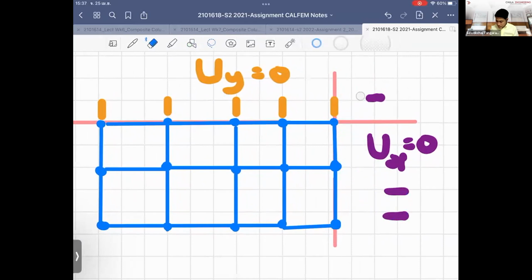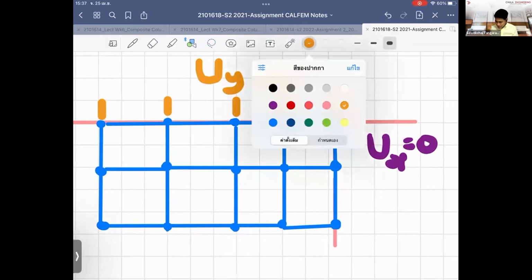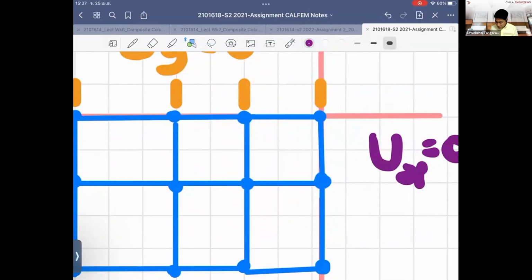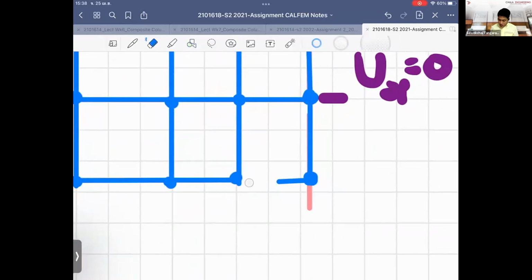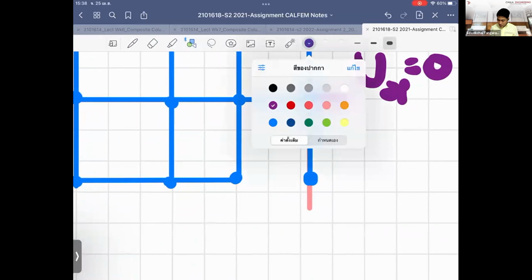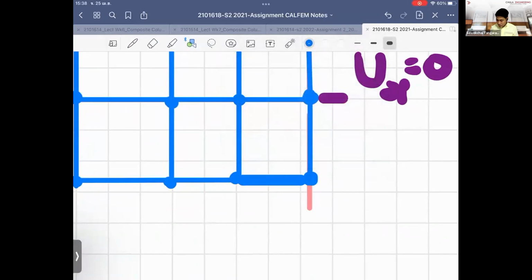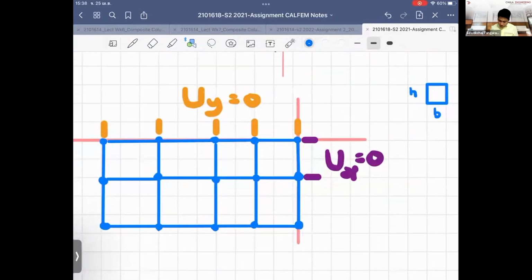And remove this. I put a restraint. All right, so we got the elements. This is our very standard, and it might be the very simple element that you can have.